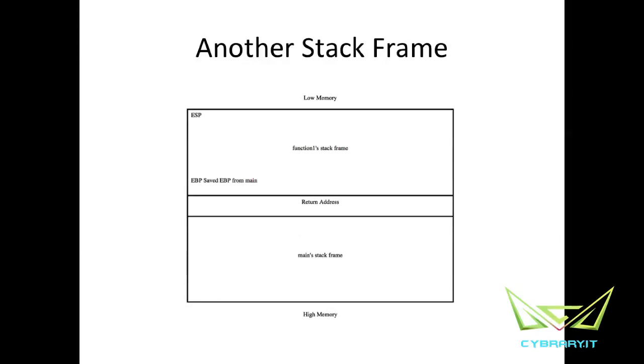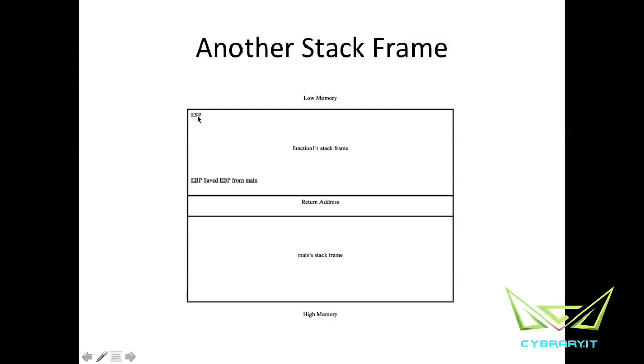So here's another little example of what it looks like in memory. So we have main's stack frame again. We have that return address, so that is the memory address to return to in main, the next instruction we want to execute when our function finishes. In this case, I've called our function function1, and we have ESP.